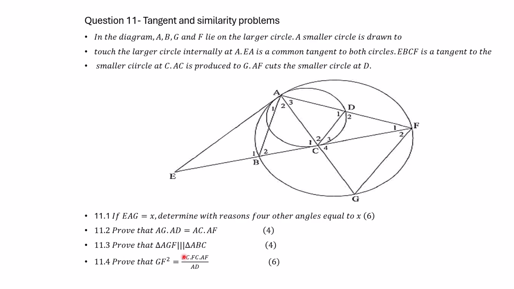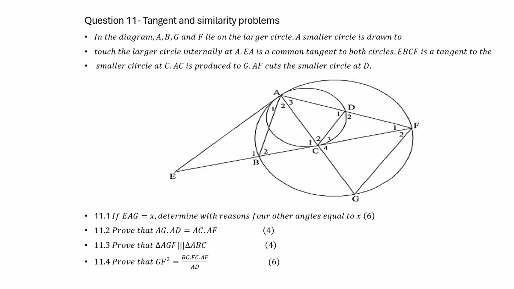And then they want us to prove similarity there. So that's why I said it's a similarity problem, for 4 marks. And then using the similarity, we're going to prove or solve a ratio for another 6. So that's a 20 mark question that was asked last year in November 2024.